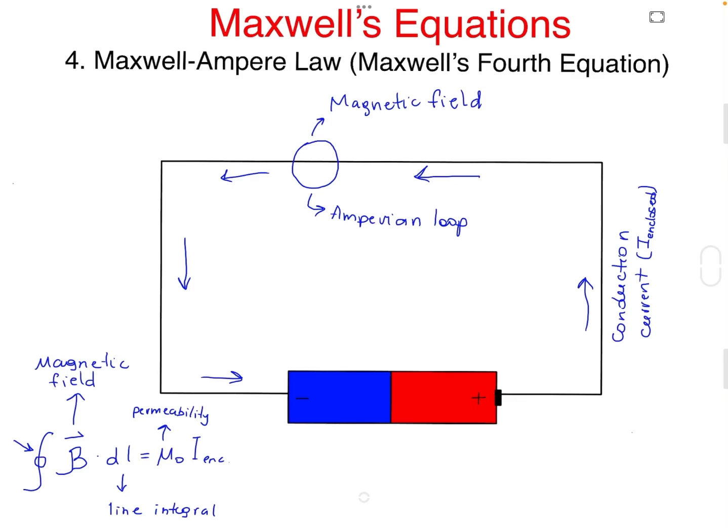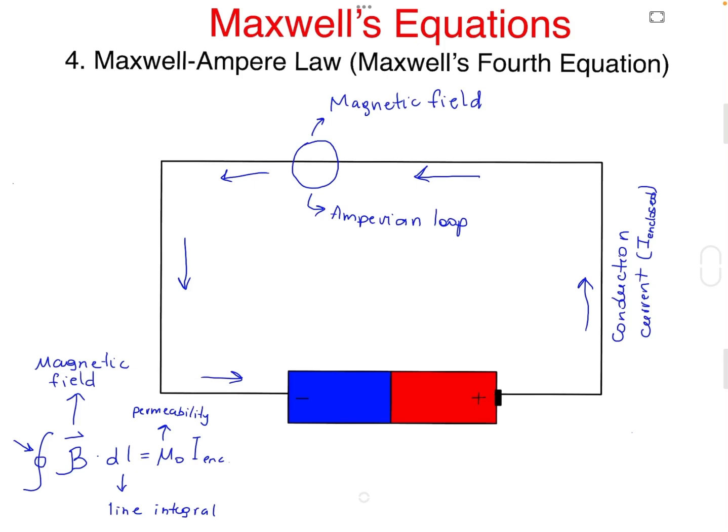This works perfectly with a steady current, DC or direct current, like in straight wires or solenoids, where the current is constant and there is no change in electric fields. It makes perfect sense.